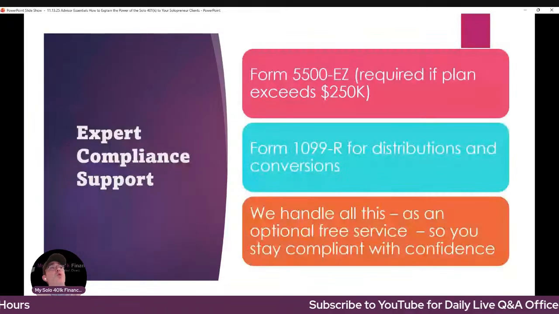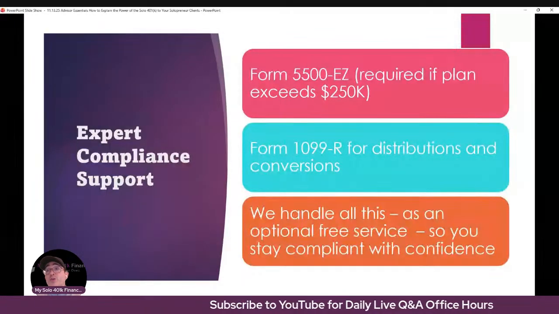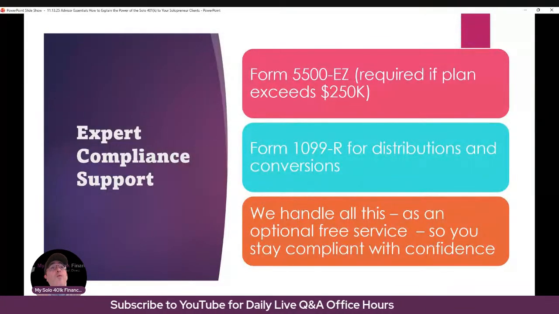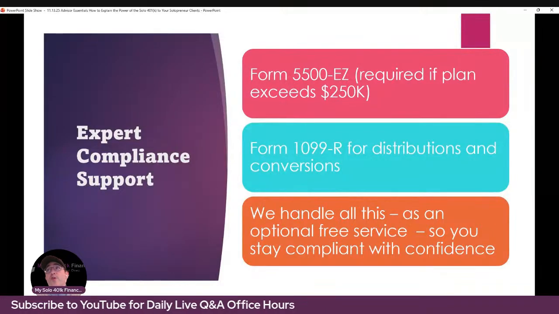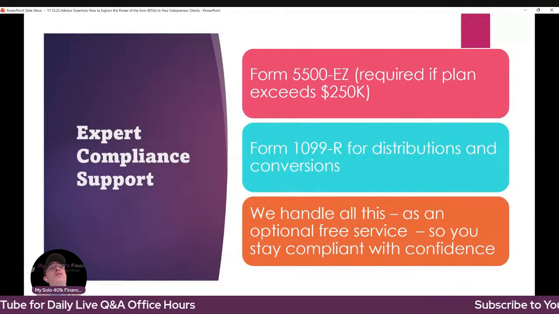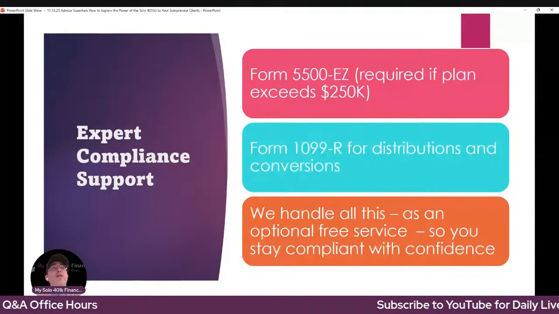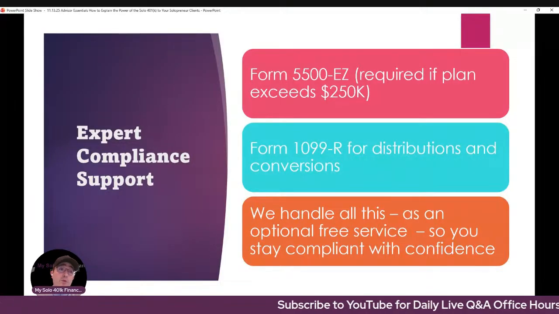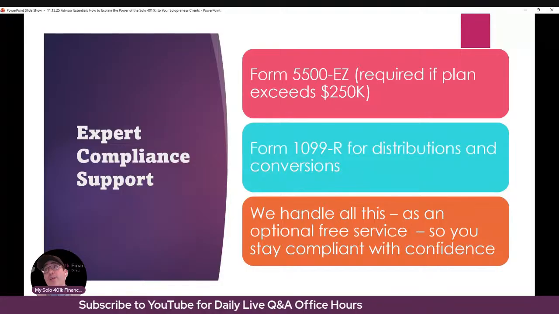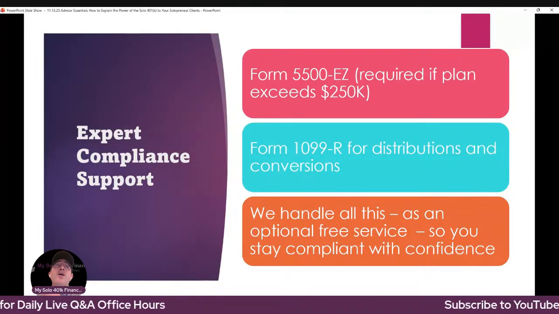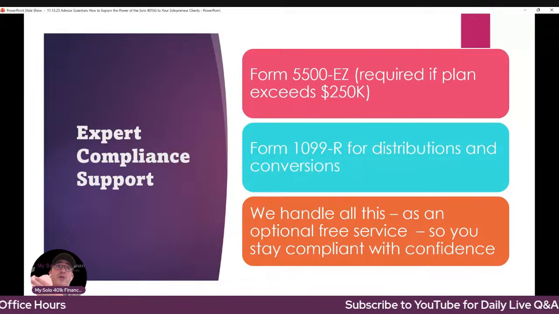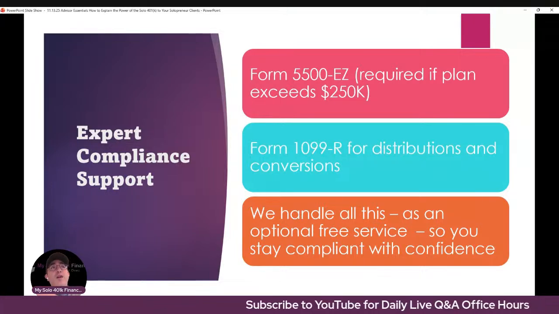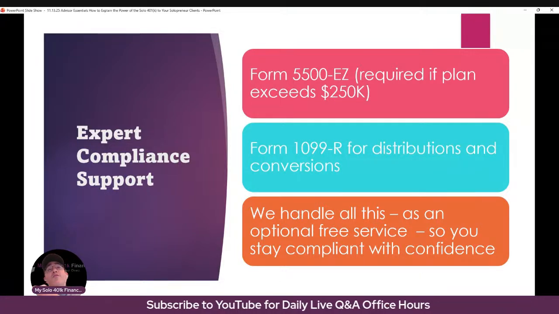Expert compliance support. Another great feature of our plan is that we specialize in solo 401k plans, and we provide expert compliance support as an optional free service. For example, once the value of the plan, including the value of any defined benefit plan that might be sponsored by the self-employed business or a related business, once the total value exceeds $250,000, there is an informational tax filing requirement that will apply.